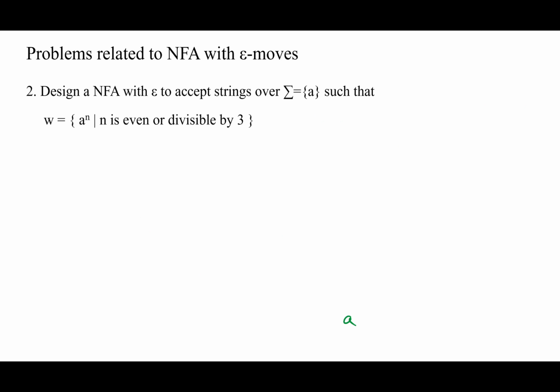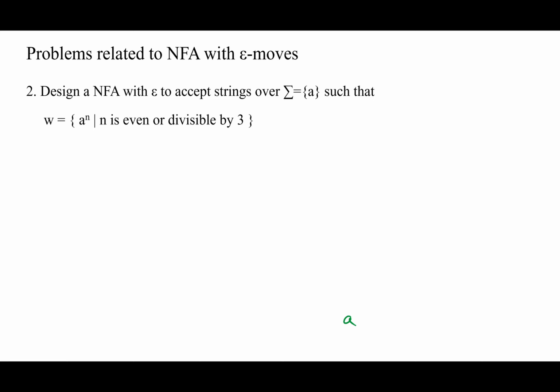The next one: how to design the NFA with epsilon to accept the string over sigma equal to {a} such that w is equal to a power n, where n is even or divisible by 3.